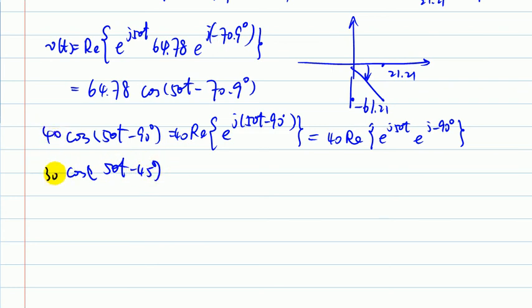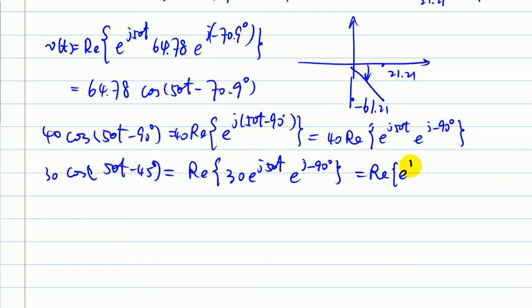That's the real part of 30 e^(j50t) e^(-j45), or one more, e^(j50t) times 30 e^(-j45). Anyway, it's a negative 45 degree.